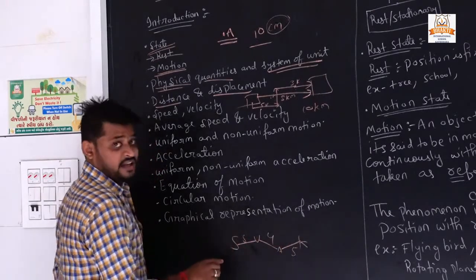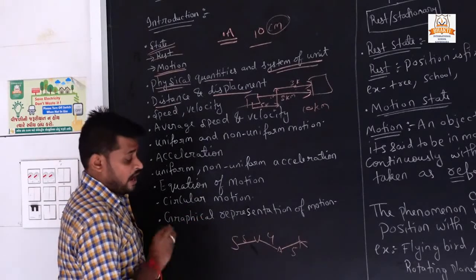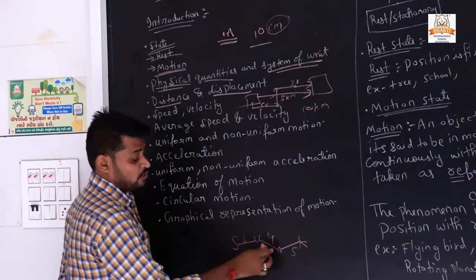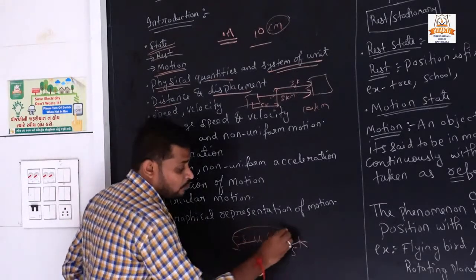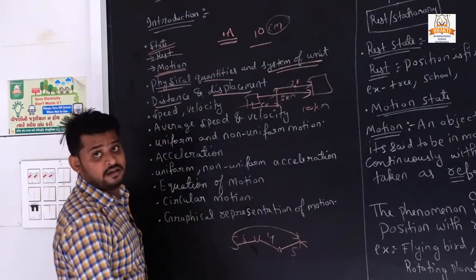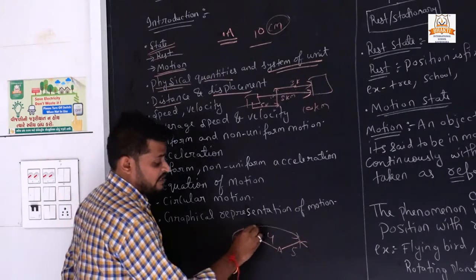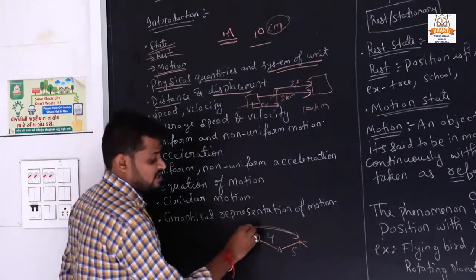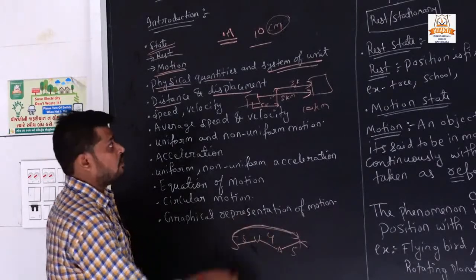But if I travel by aeroplane, what happens? I don't have to go to Vadodara and Ahmedabad. I will go directly to Kota by air path. So it will cover displacement. Why? Because it is the shortest and straight path. The shortest and straight path is called displacement.